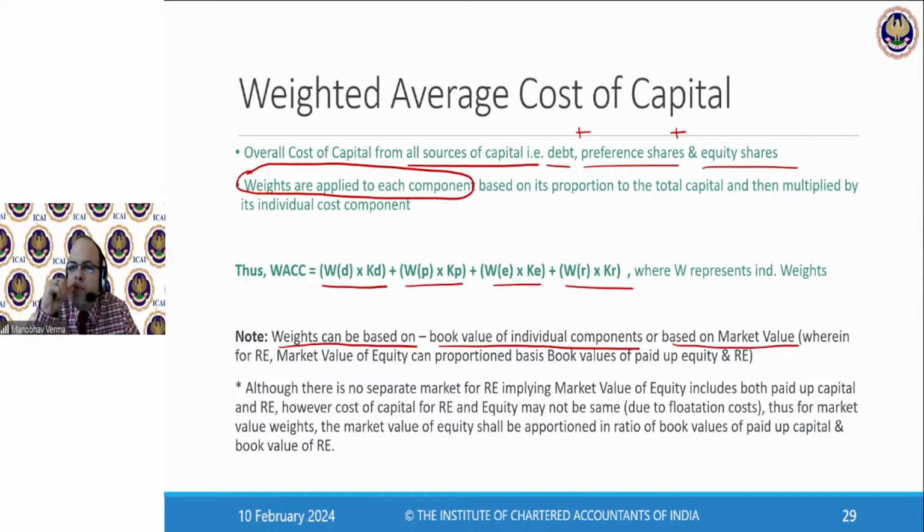Let's see what you say about it. If I'm saying that ABC Limited's market price of the share is 2500, does that represent only equity share, or retained earnings, or both?